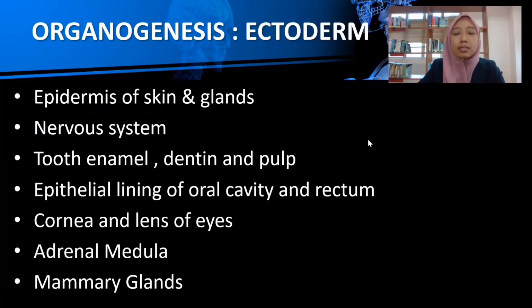The 3 germ layers, we start with ectoderm, will give rise to epidermis of skin and also glands, nervous system, tooth enamel, then teeth and pulp, epithelial lining of oral cavity and rectum, cornea and lens of eyes, adrenal medulla, and mammary glands.